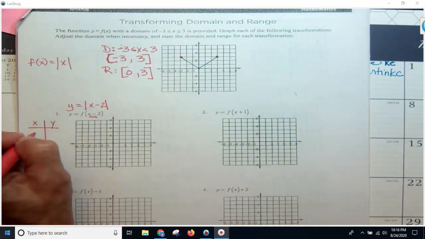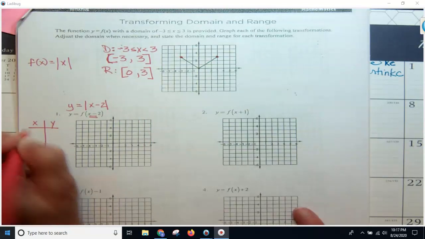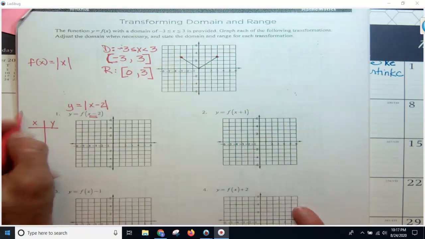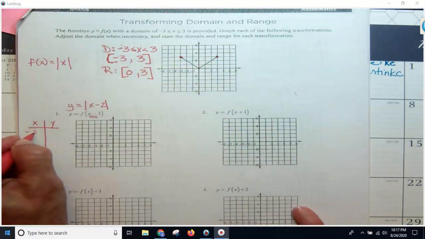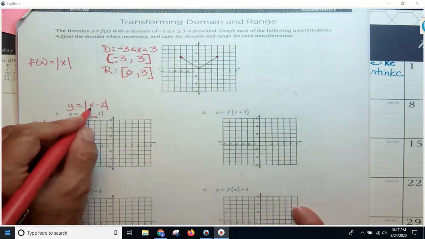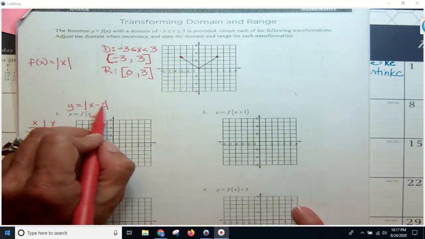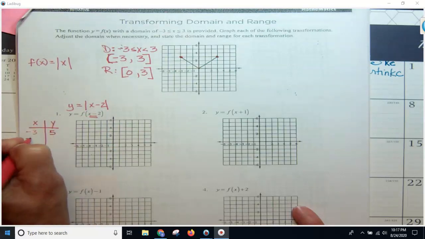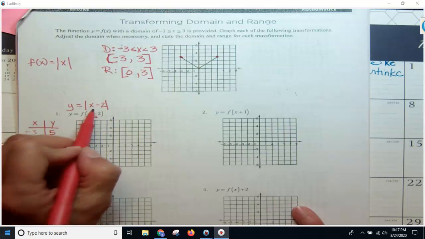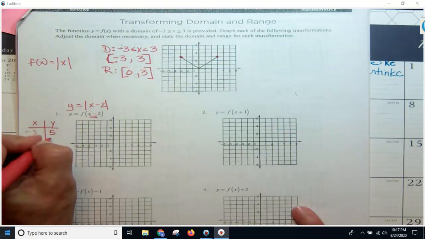But let's just see. Let's start our domain with -3, just because we know that's where this point is. When x is -3, -3 minus 2 is going to give you -5. The absolute value of -5 is +5. What about -2? -2 minus 2 is -4.